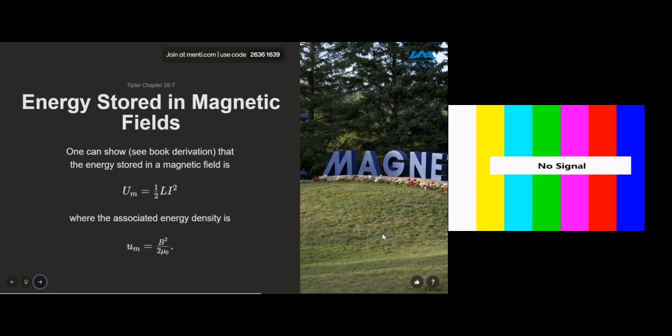Which is not unlike the energy stored in an electric field, which was E squared over 2 epsilon naught.